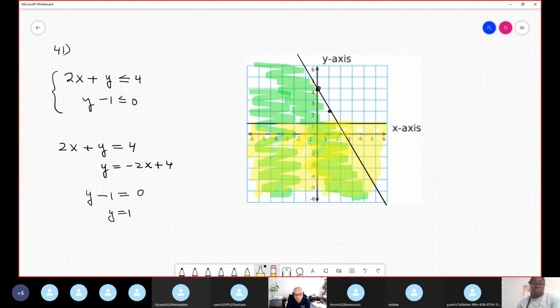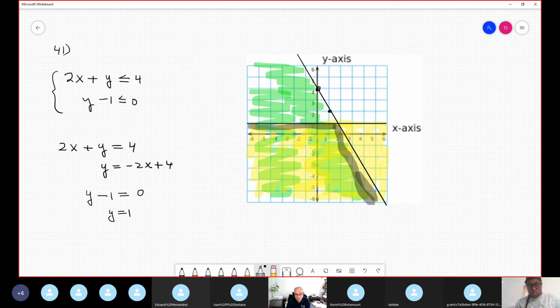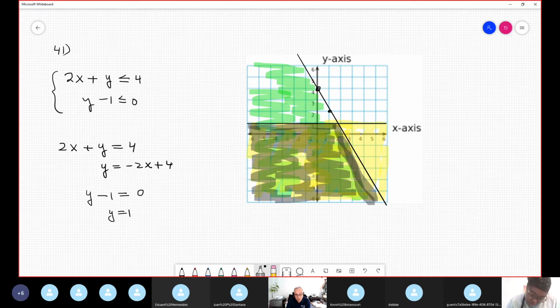And the intersection, the common part between green and yellow, that normally I use in gray color, is this. Something like that. Okay, corresponding with option B in our handout.